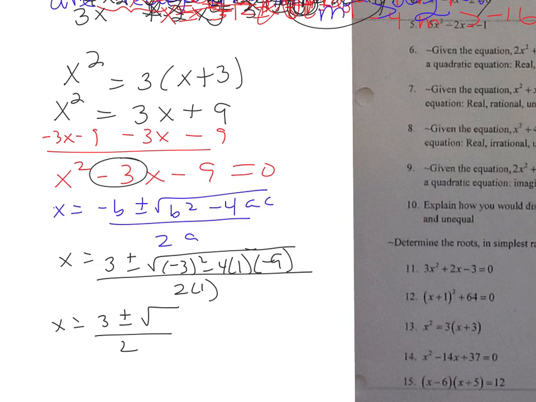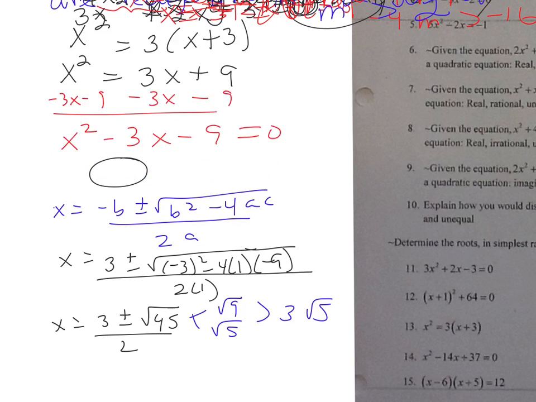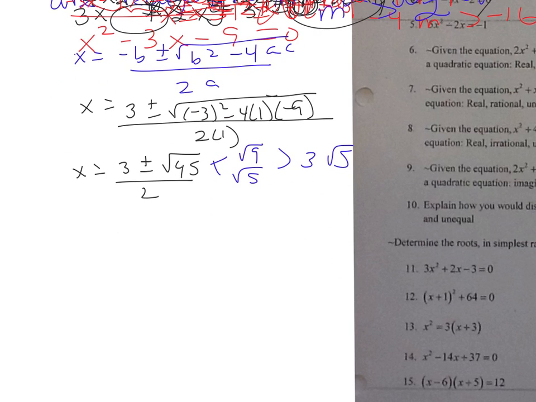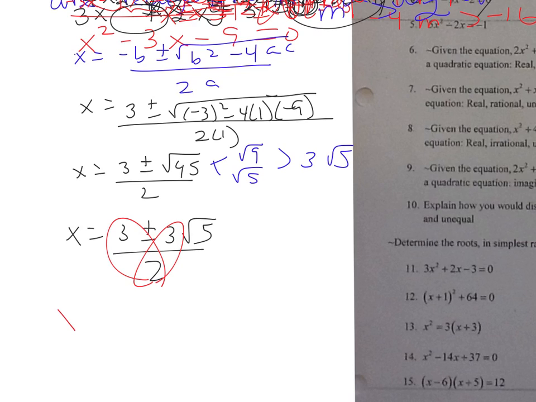When you plug in what's under the radical, you get 45. And now we're going to simplify 45, the square root of 9 times the square root of 5, which is 3 the square root of 5. So then I get x equals 3 plus minus 3 the square root of 5 all over 2. Can I reduce? Is there a number that goes into 3, 3, and 2? No, so it's just 3 plus minus 3 the square root of 5 all over 2.